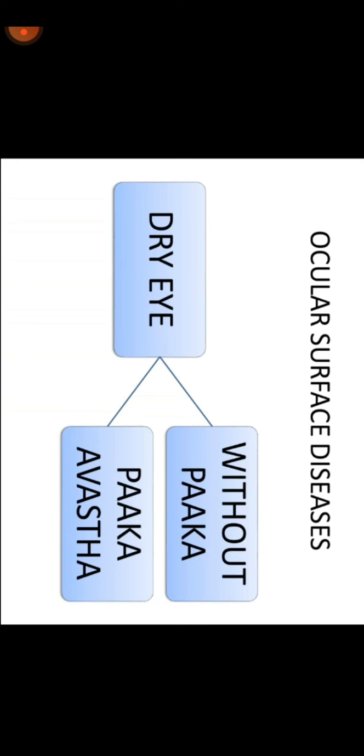If a dry eye is coming to our OPD, we can do the Upashaya and Anupashaya, just instilling one drop of Ghrita as an Aschotana. If the patient has a severe type of irritation, then we can identify that there is a Pagavastha. Pagavastha means there are some ulcerations, and the ulceration can happen only in the cornea.